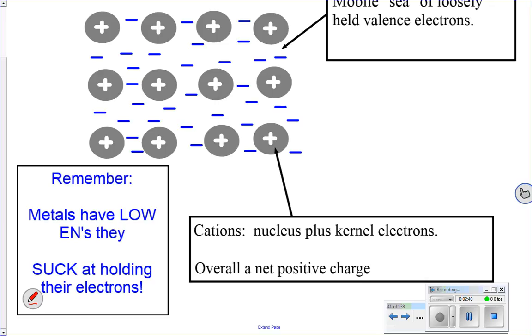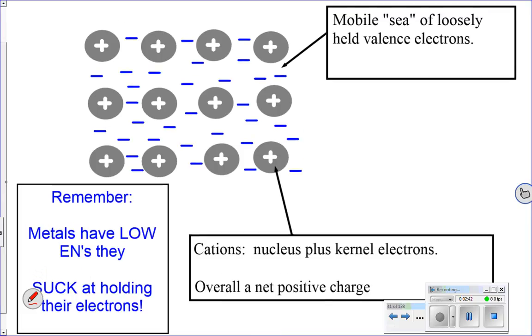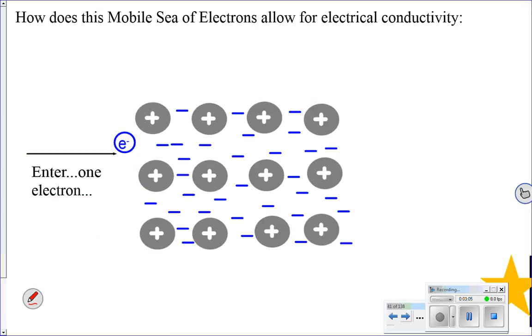Those valence electrons are not held very tightly by the individual metal atoms because metals are bad at holding on to their electrons. So these electrons that you see out here, you don't actually know who they belong to. They're in this mobile sea of valence electrons that allows them to move around. Those mobile valence electrons are what make metals have the properties that they do.